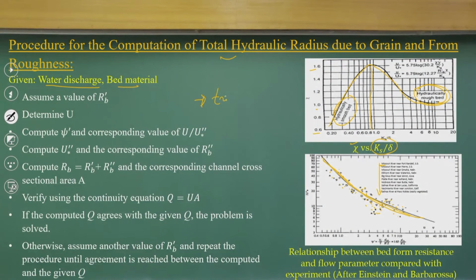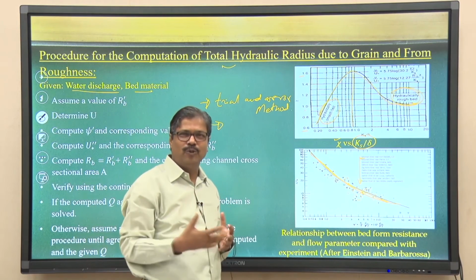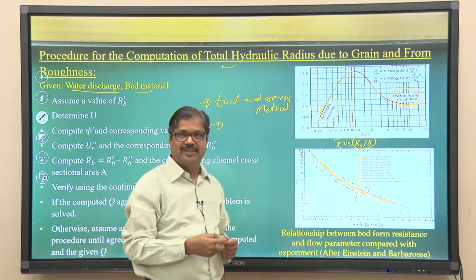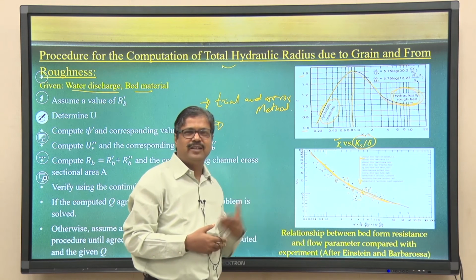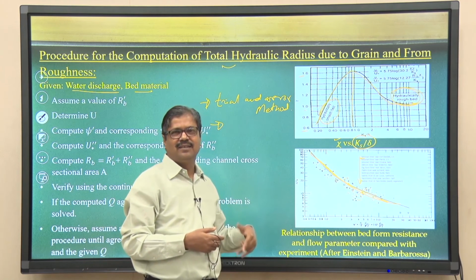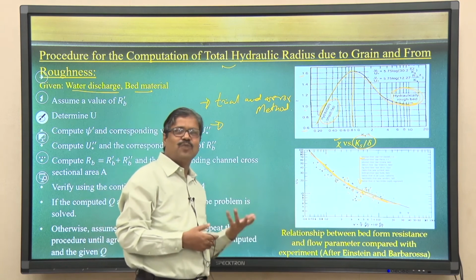But today, because we have a lot of mathematical tools, I do not think we should dwell on the trial and error method. As students, you should just look at the procedure, because you have two nonlinear equations, and to fit them you have to do hit and trial until the discharge and bed material characteristics are satisfied.